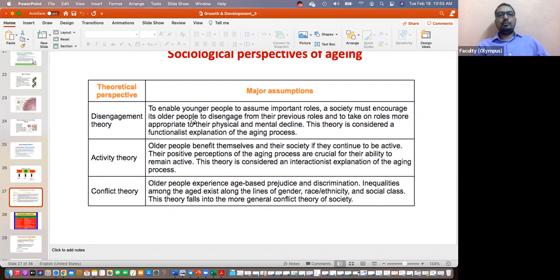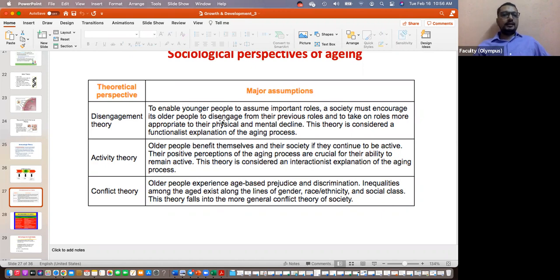After a certain age, they won't be able to perform them effectively, so let them disengage and substitute them with younger people. So this is to enable younger people to assume important roles.